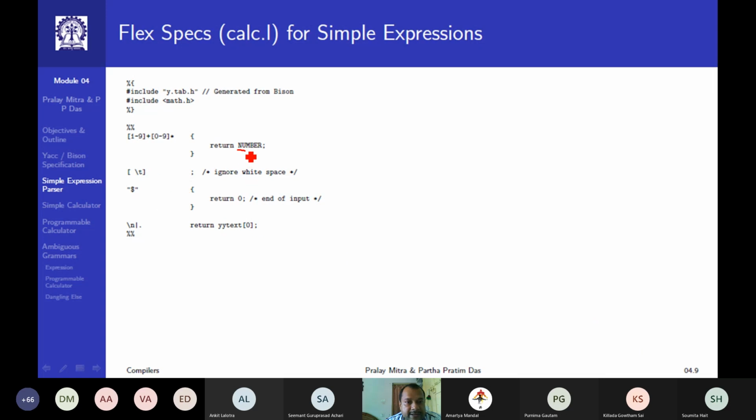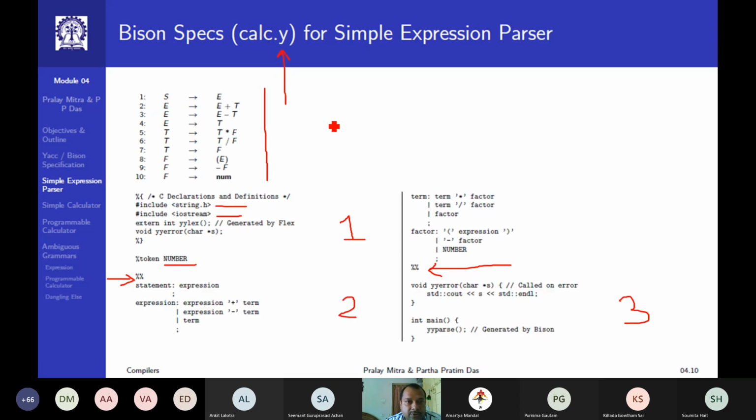Here I said that number is not known right now. This is the .l or Flex program. Now in the .y or Bison program, I am declaring number as %token. You remember what was %token? The number. So %token number that I am declaring in section 1.